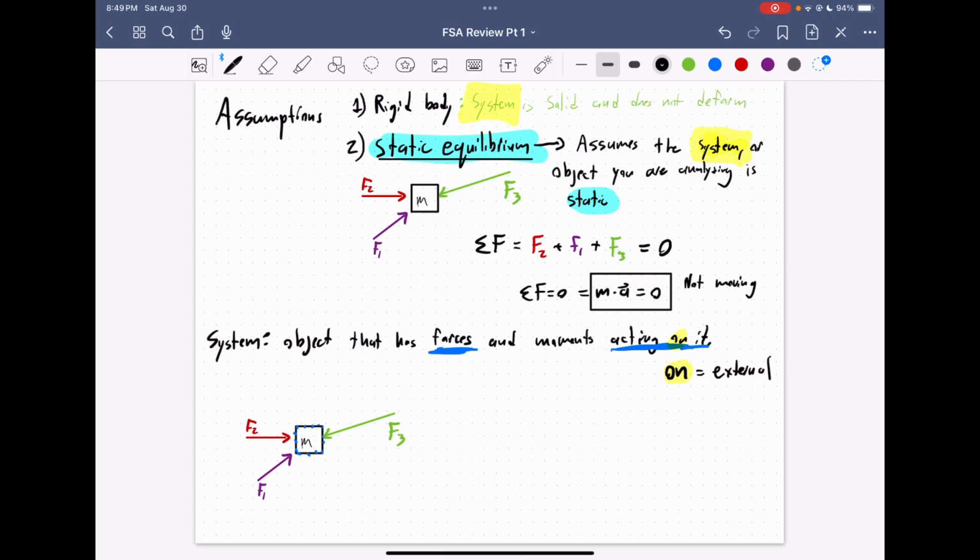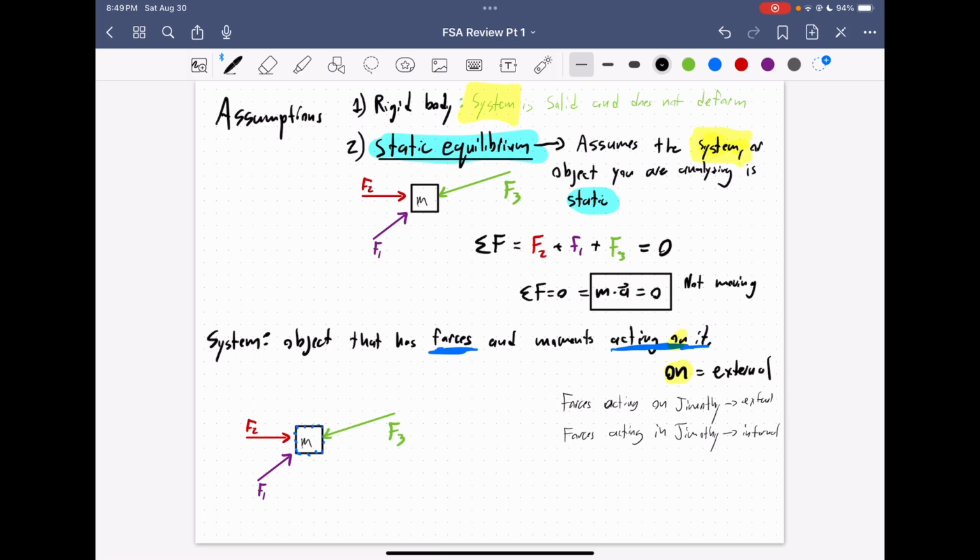Forces acting on Jimothy means something's acting on Jimothy, whereas if you go forces acting in Jimothy, well, it seems internal, and this is external.